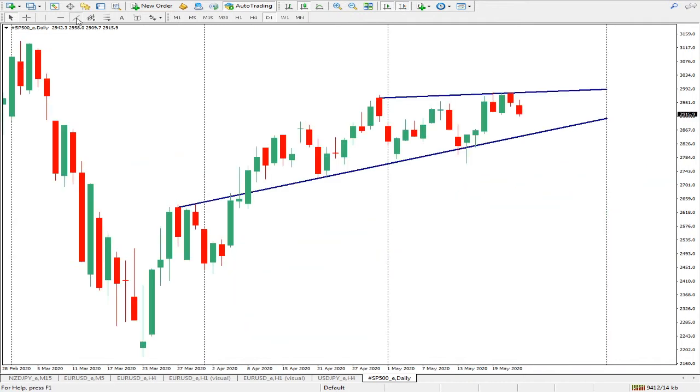We have price move up, and then there is that move to the lower side, and then we have a move to the upper side, and then we have the next move, and we also have this onto the upper side.